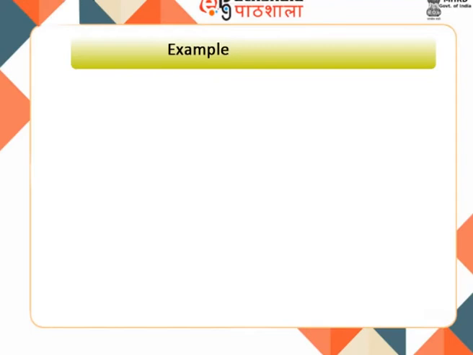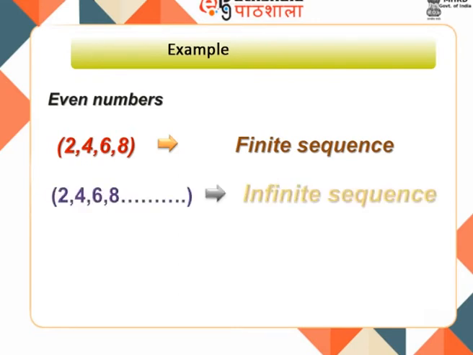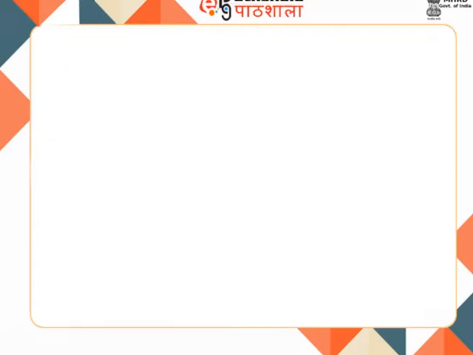For example, the first four even numbers 2, 4, 6, 8 form a finite sequence. Similarly, an infinite sequence of all positive even numbers is written as 2, 4, 6, 8 and so on. Taking prime numbers in their natural order gives the infinite sequence 2, 3, 5, 7, 11, 13, 17 and so on.